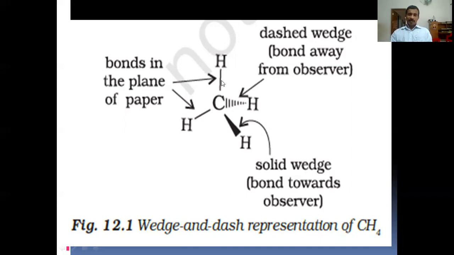This hydrogen is also in the same plane. So these two represent bonds in the plane of paper. And this formula is known as the wedge and dash formula, or wedge and dash representation of CH4.